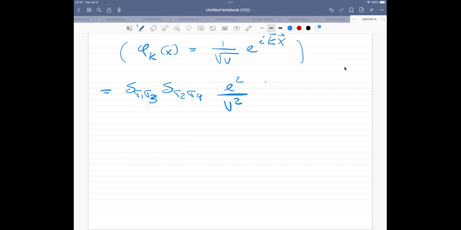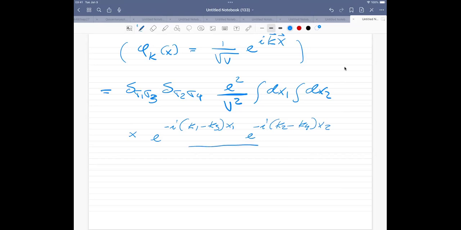And then I have the integrals dx1, dx2, multiplied with e to the minus i times K1 minus K3 times x1, and e to the minus i times K2 minus K4 times x2, divided by the absolute value of x1 minus x2.